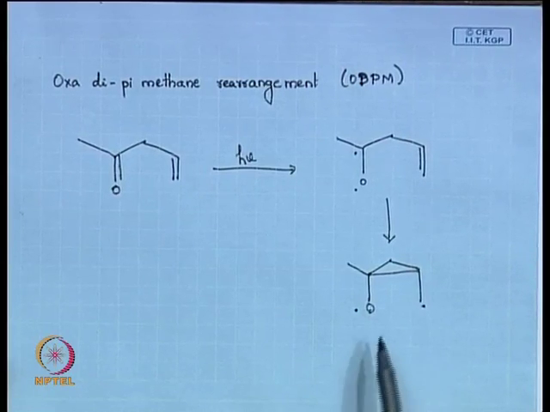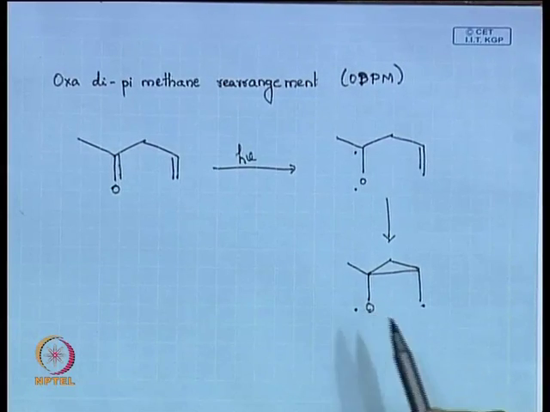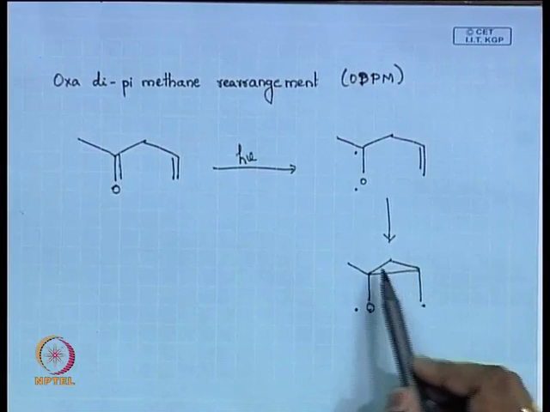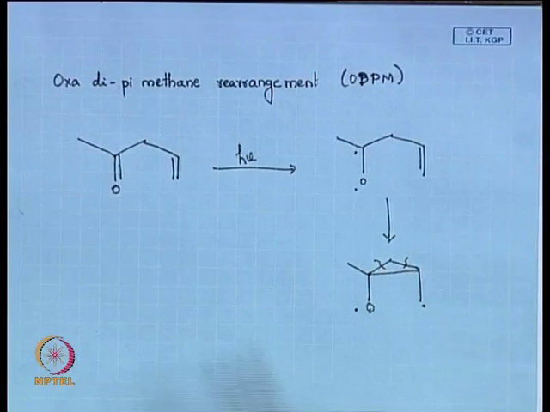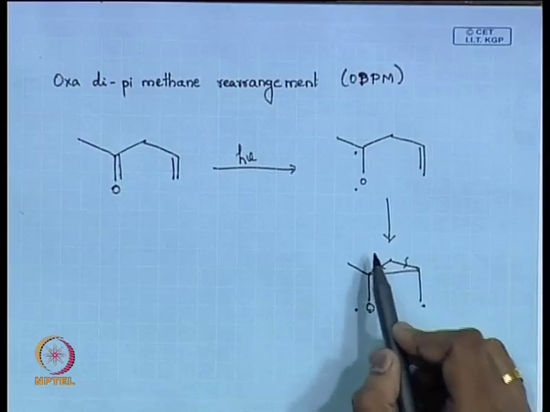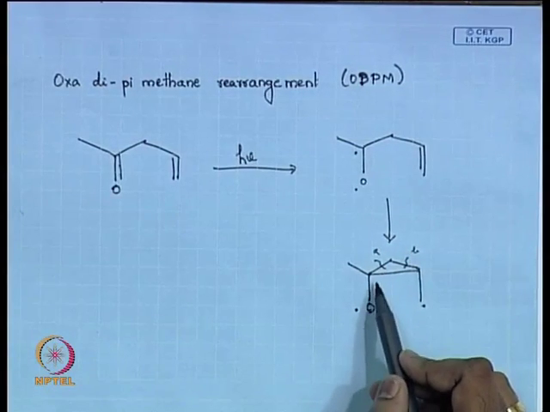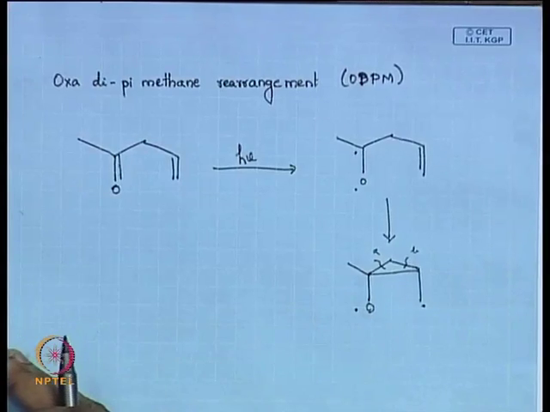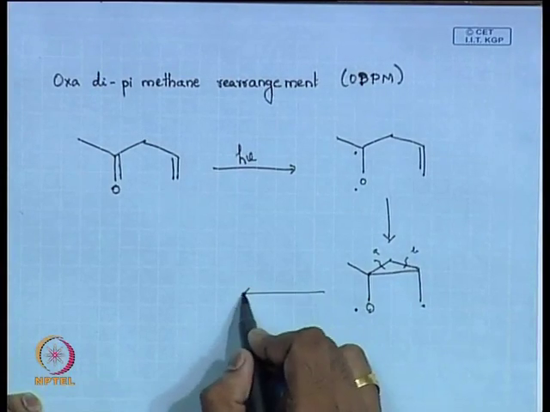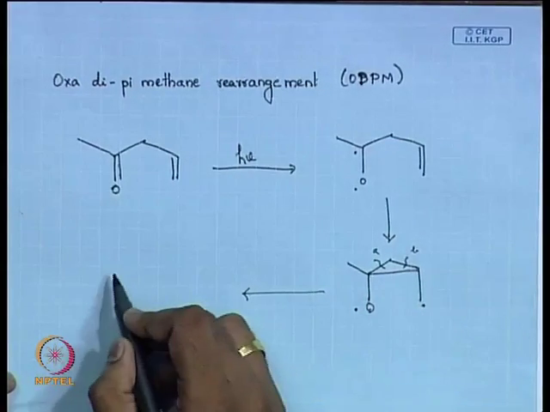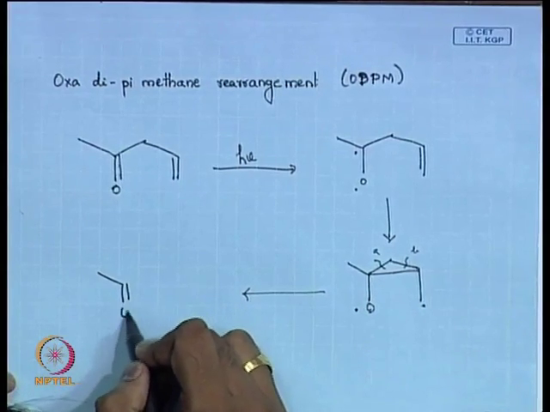Now, the advantage of the oxo-di-pi-methane rearrangement is that you have these two, A and B, right. You can cleave this direction or you can cleave this direction. So in most cases of oxo-di-pi, it cleaves only on A, because it can again get back to its ketone. So there will be no problem; most of the time it will be one-side cleavage, because of the formation of your ketone.